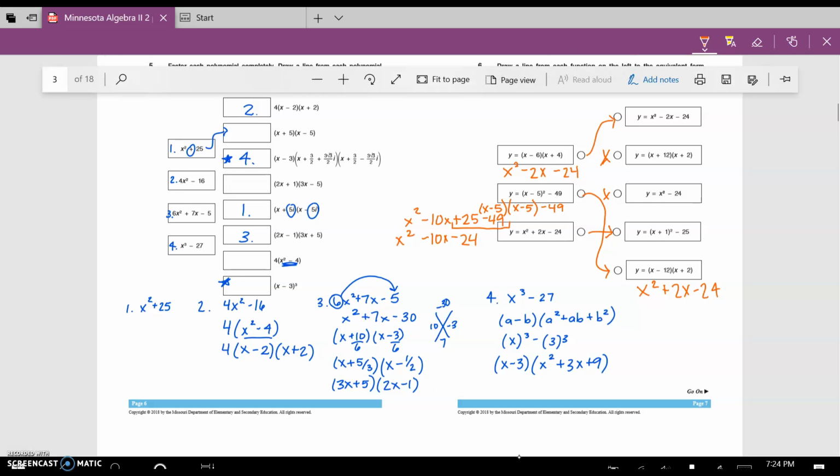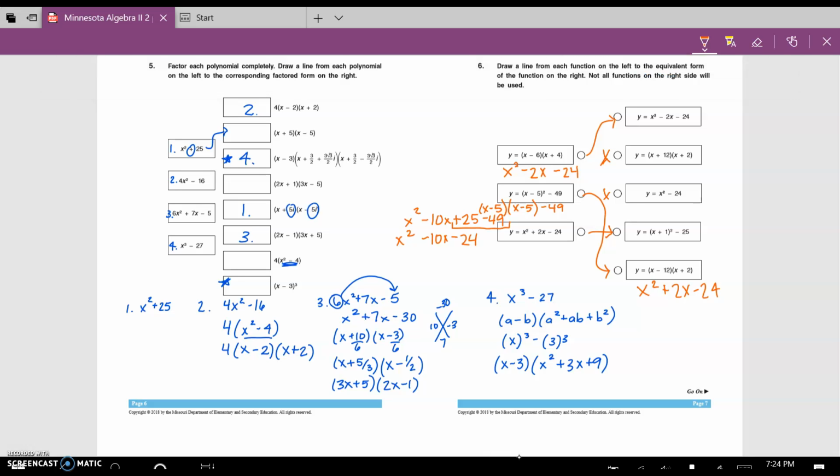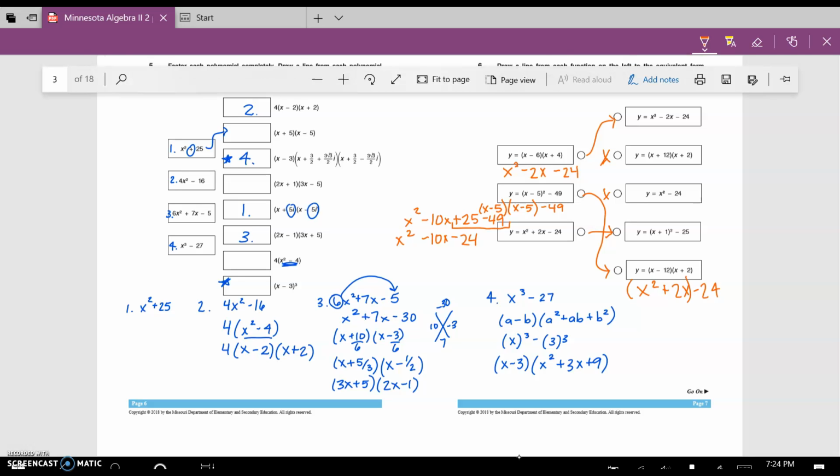So how we get from point A to point B is by completing the square. Okay, so the way that we do that is, first of all, we group our first two terms together, and we put our last term on the complete opposite side. So we're going to say x squared plus 2x, put a blank here, equals, since it's negative 24, when it moves to the other side, it becomes positive 24, and then we leave another blank.